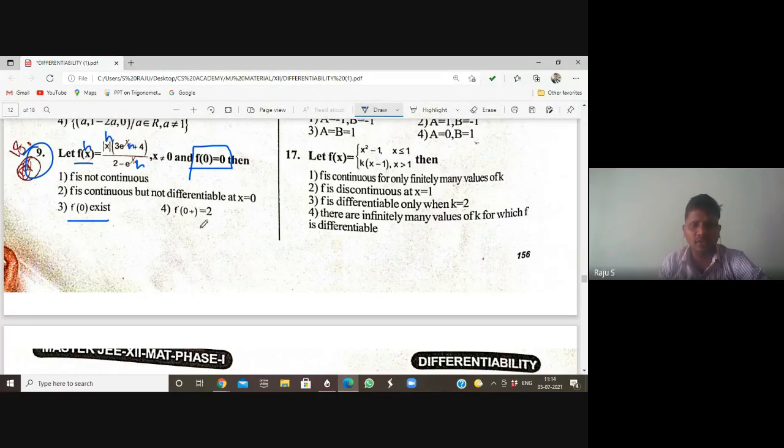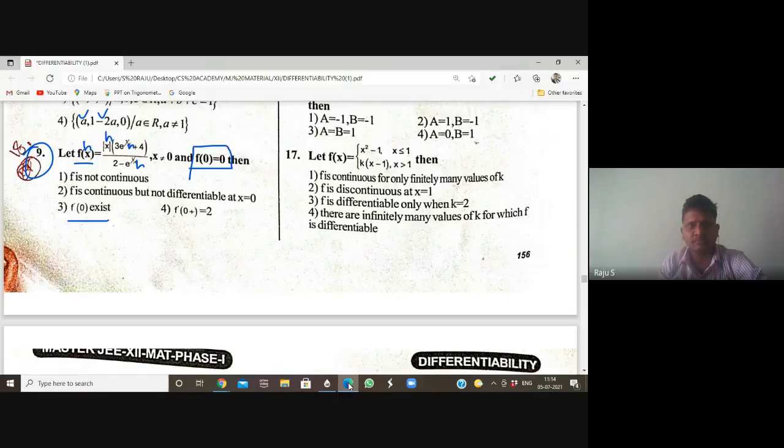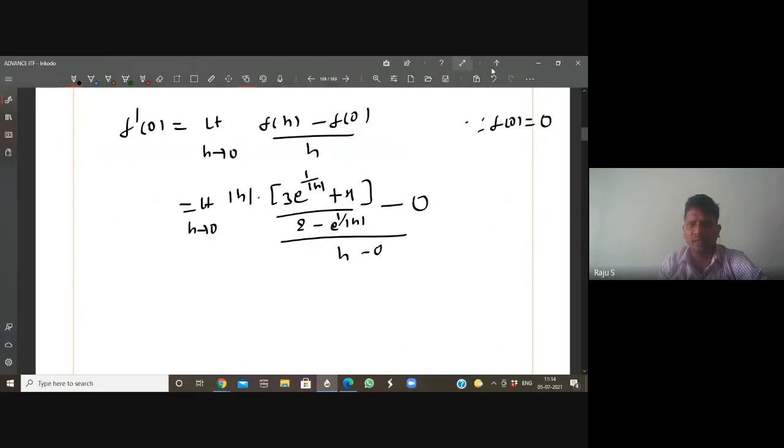So limit h tends to 0, modulus h, bracket, 3 times e to the power of 1 by modulus h, plus 4, divided by 2 minus e to the power of 1 by modulus h, minus 0, by h minus 0. The f of 0 value is simply 0. According to the condition, I have written f dash of 0.